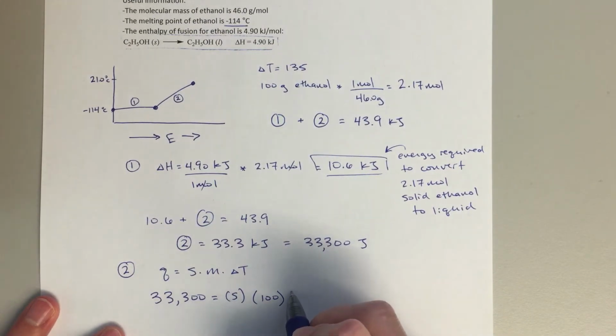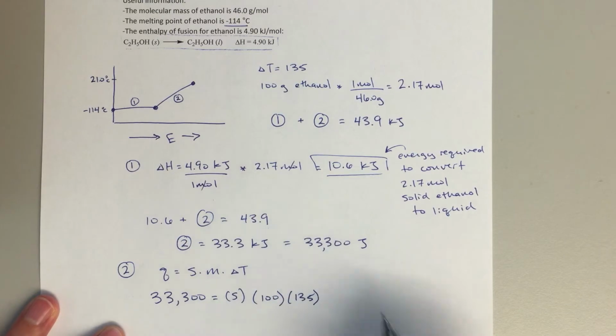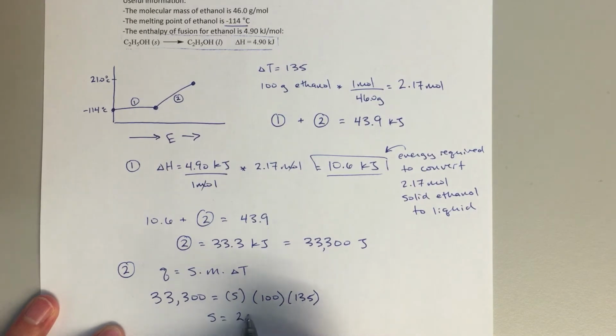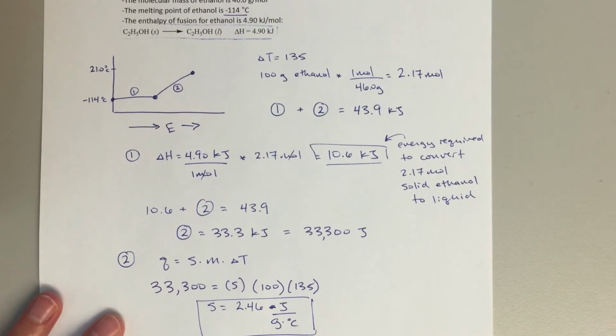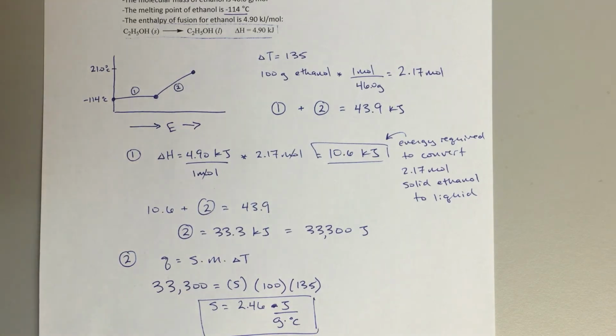Also, that's going to be my change in Kelvin, because that's the same in this case. So here, solve for S. S is equal to 2.46 joules over grams times degrees Celsius. Right, so that is my final answer for this problem.